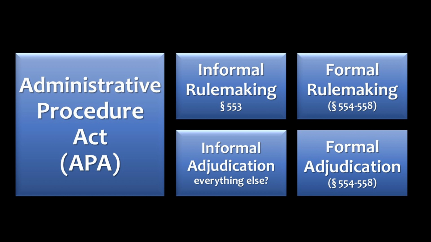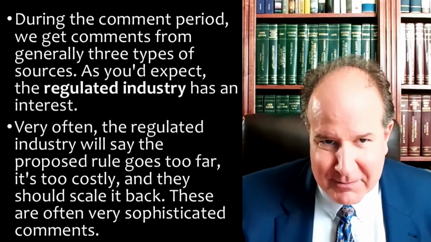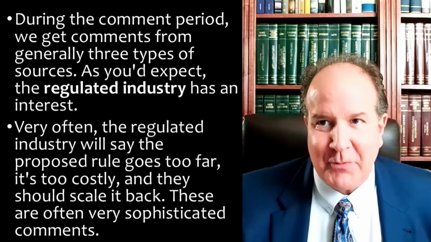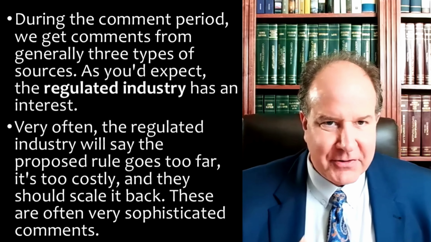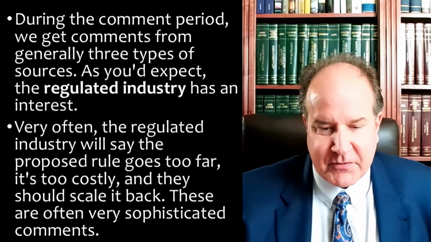It usually means that there's published notice of the proposed rule, then a public comment period where people can submit comments, and then a final rule gets published in the Federal Register. Now, during the comment period, let's talk about the comments for just a moment. We're going to have comments submitted to the agency generally from three types of sources.